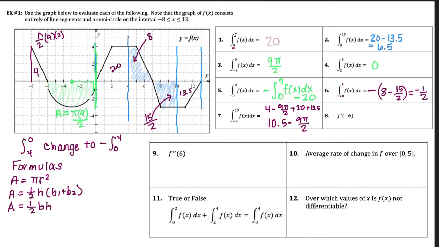There's a cusp or something going on there, especially when a circle ends up going into a triangle like that. So that's where we're going to get a cusp. So we're going to say here for this one does not exist.